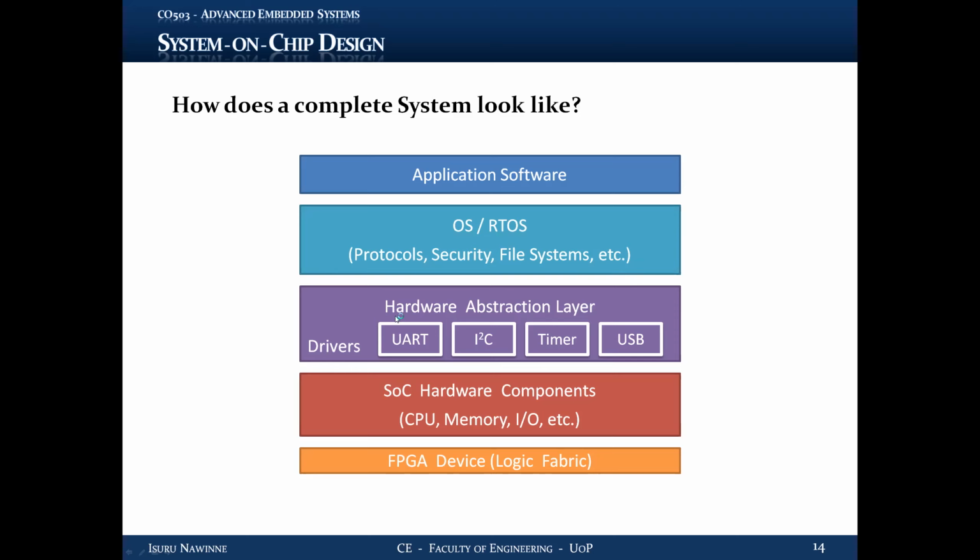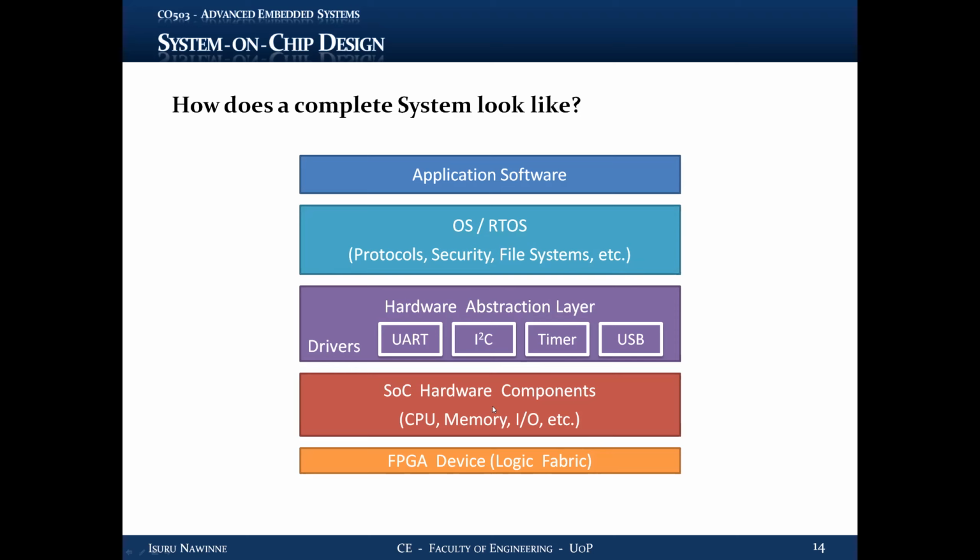Then underneath that, you have this firmware layer, which we refer to in the FPGA context as HAL, or hardware abstraction layer, right? Essentially, it's a collection of device drivers. But the thing is, the devices in hardware are not fixed.